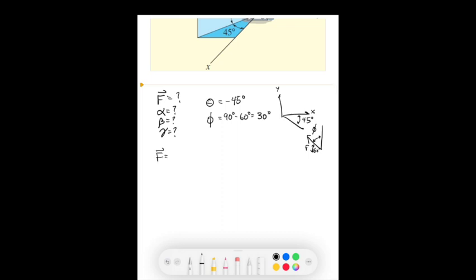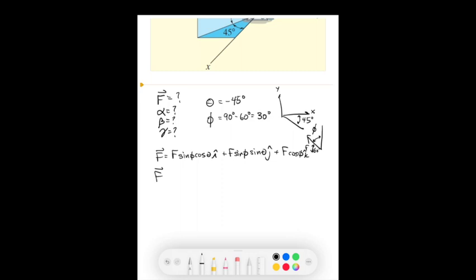We know that we can define F in terms of theta and phi. So we know that the x component is like that. This is the y component. And here we have the z component.